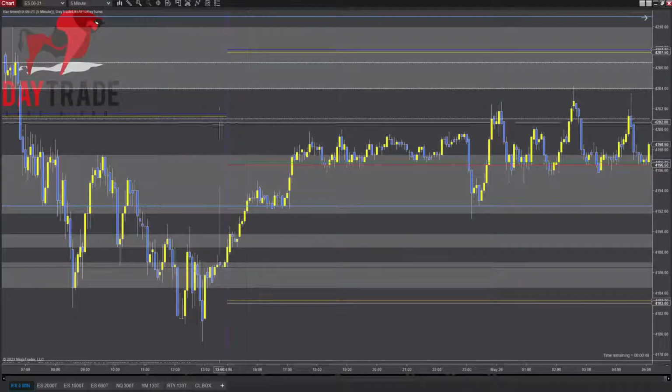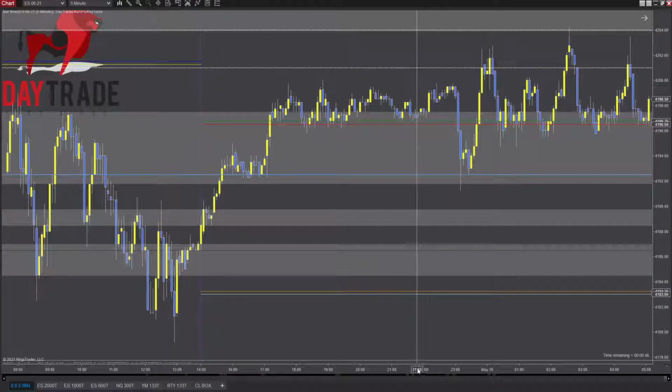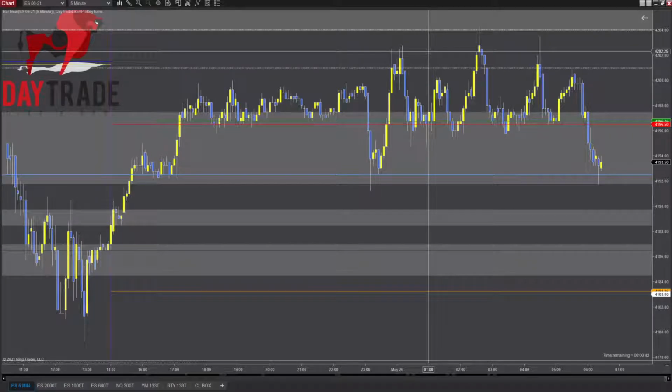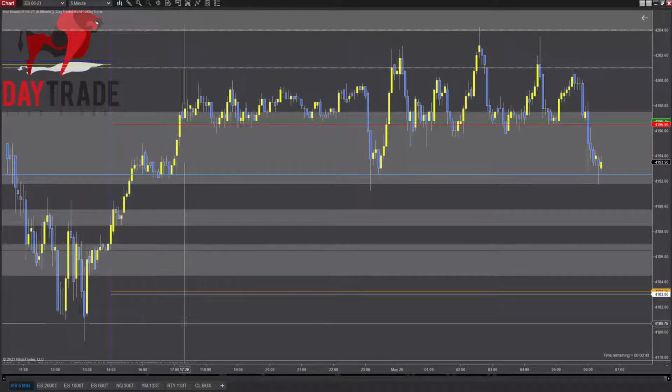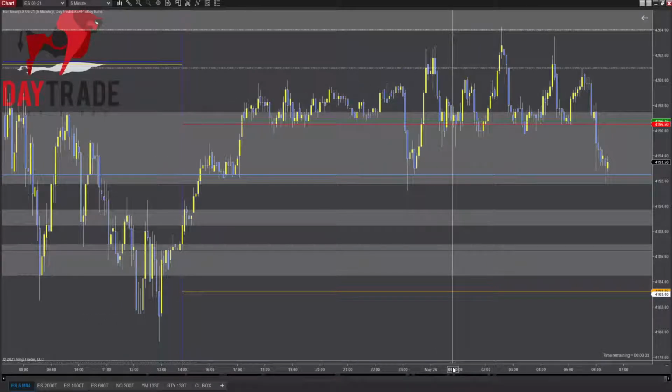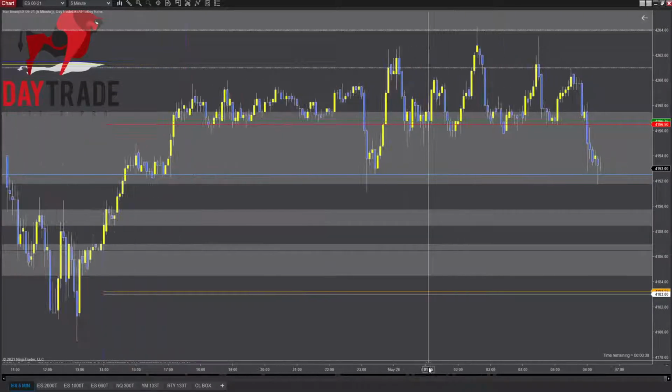Now what you see, the highlighted areas, these are areas that I've marked off of different charts. So starting with a 4 hour, a 2 hour, I definitely am paying attention to different areas of supply and demand. And then what I'm doing is I'm trading those.